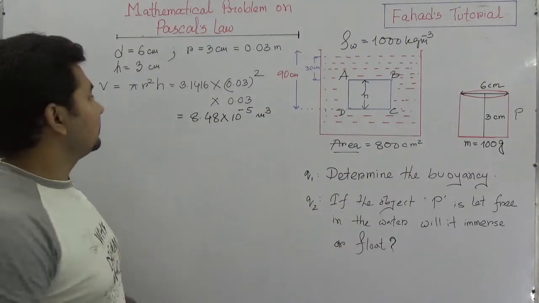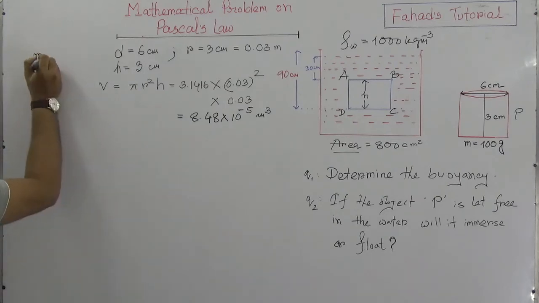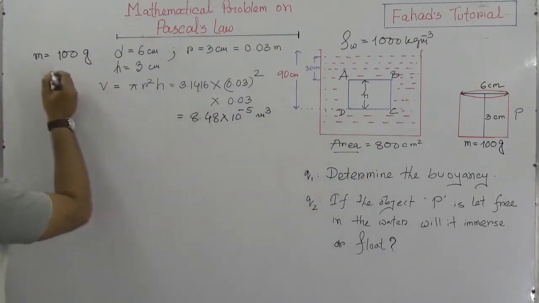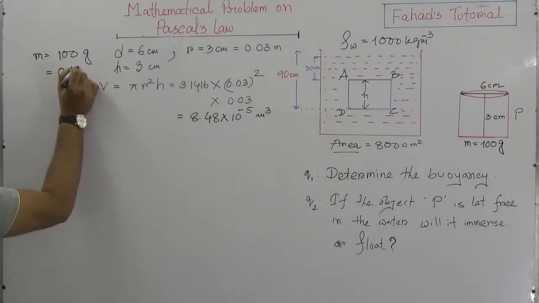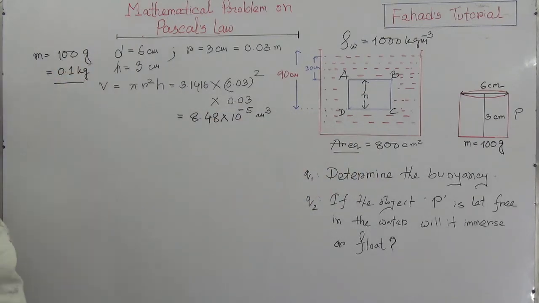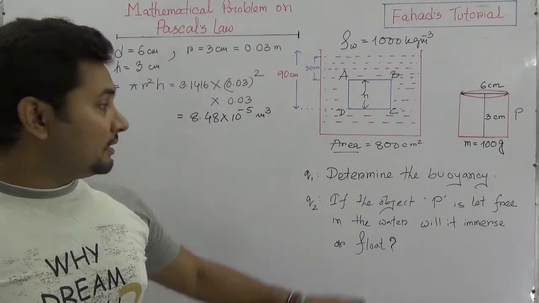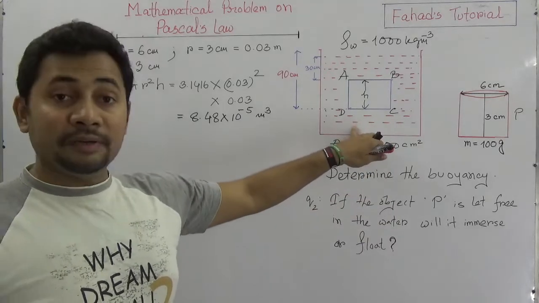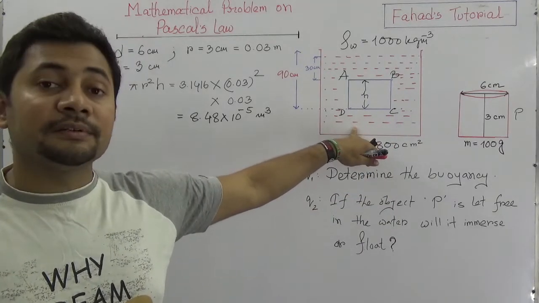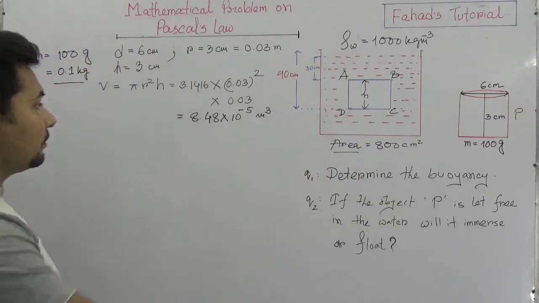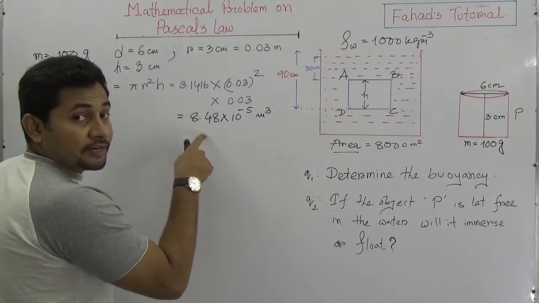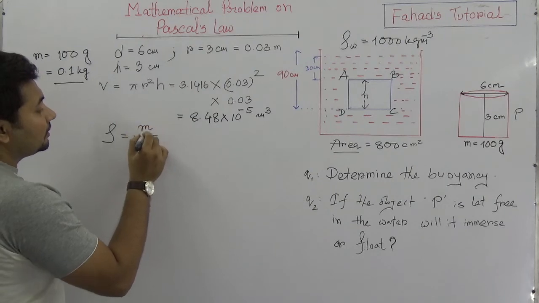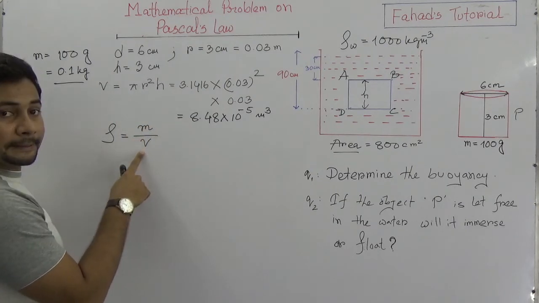Now one thing, the mass of the object is given, which is 100 gram. So we need to think as a kilogram, this is 0.1 kilogram. Now what I said earlier, will it float or sink into the liquid as it is water, we need to think about the density first. So if we need to find the density, we need rho equal m by v.